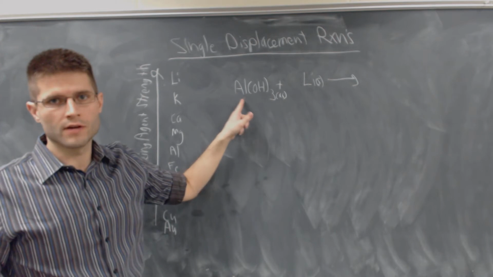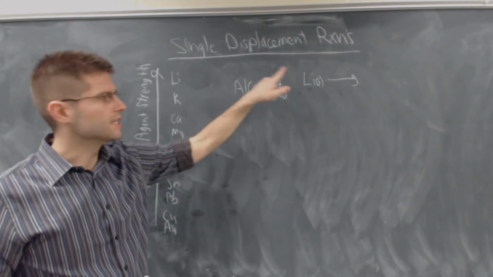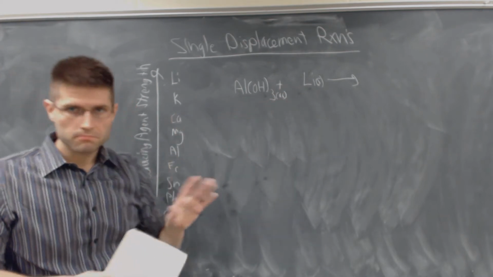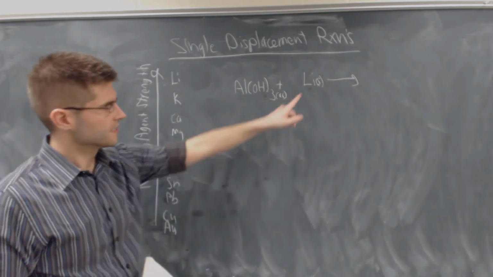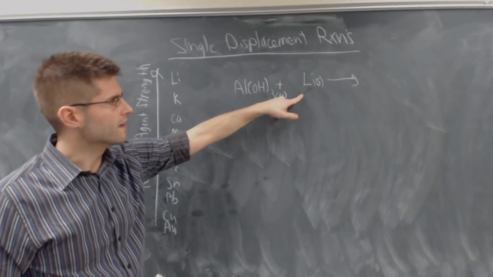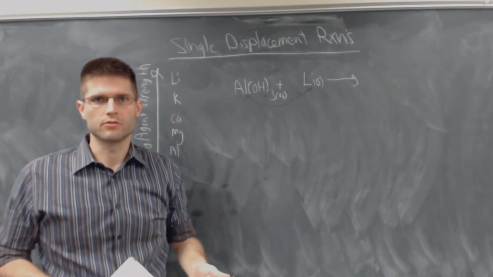Here the aluminum is already a cation. So what we want to see is if lithium can kick out the aluminum and replace it. That's what a single displacement reaction is. The solid cation, most of the time, will be trying to kick out the cation of your aqueous solution.